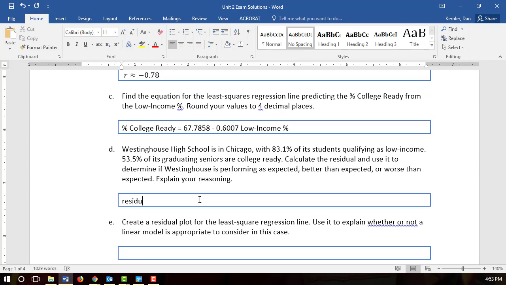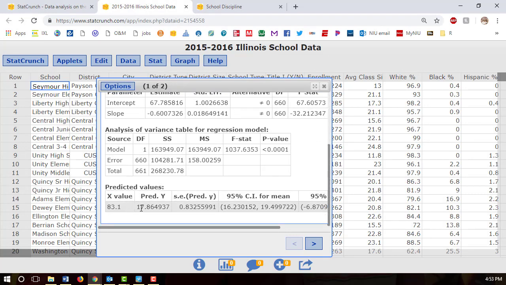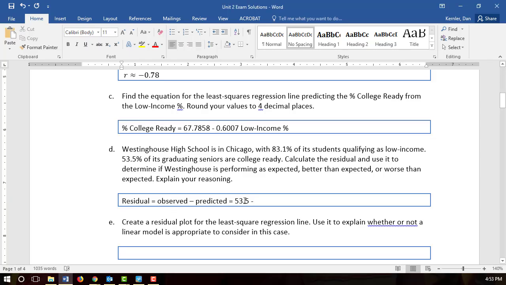All right, so we're going to calculate the residual. First of all, the residual is the observed value minus the predicted value. And in this case, the observed is 53.5%. And our predicted is 17.9. And so, what is 53.5 minus 17.9?